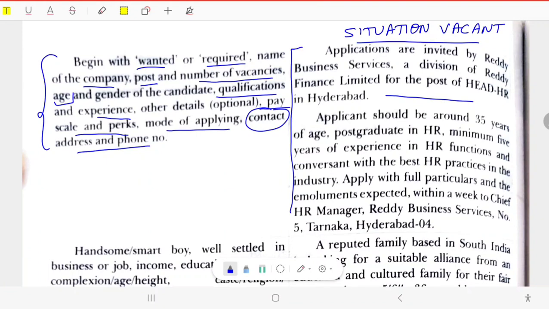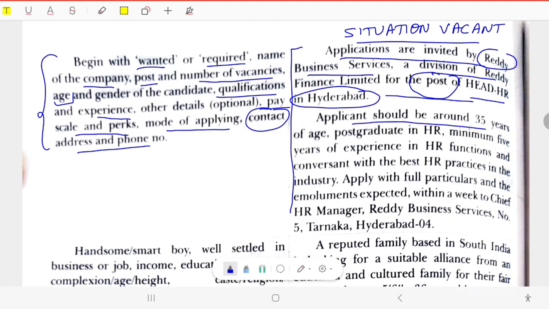These are the value points which will be checked in your situation vacant advertisement. So we can begin like this. Applications are invited by Ready Business Services, a division of Ready Finance Limited. This is the company. The post is Head HR, and this is the place.